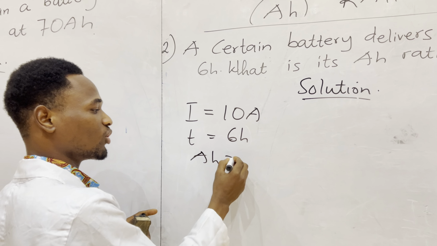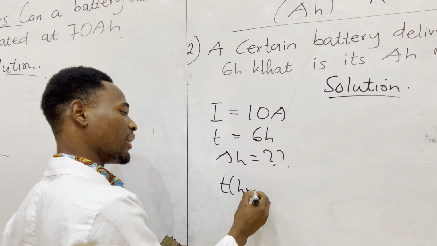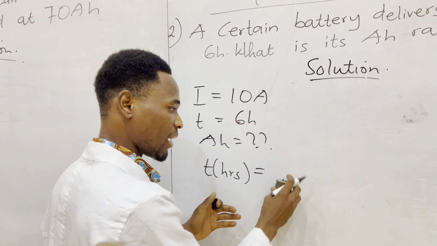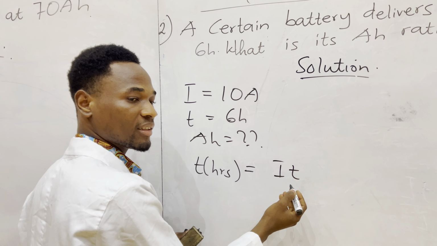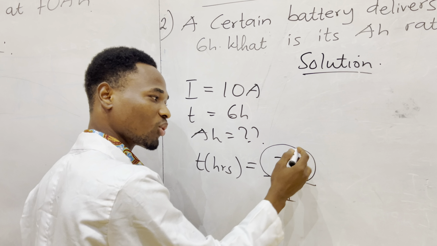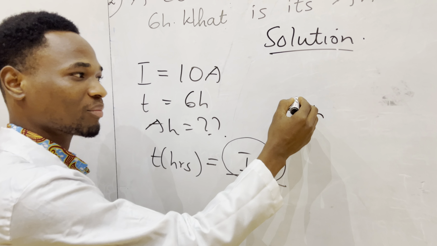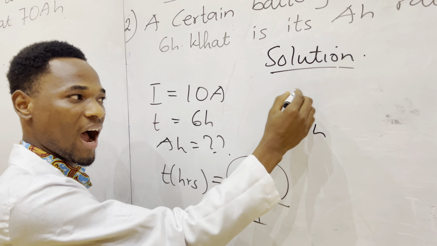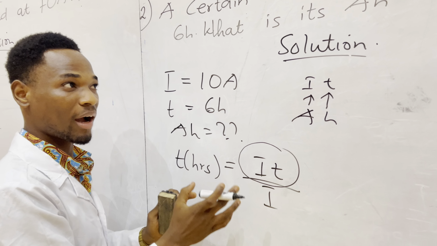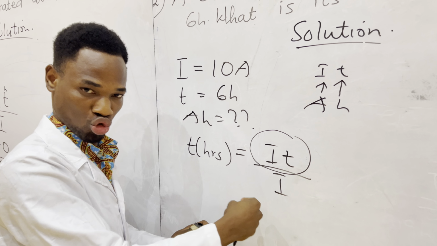We know that the time measured in hours is the ampere hour rating, which is my IT, over my I. This A is my I and this H is my T. The two of them represent the ampere hour rating over the ampere, that is the current drawn.